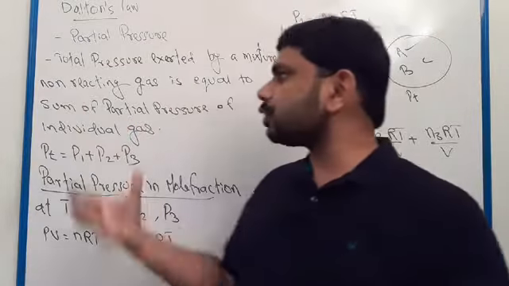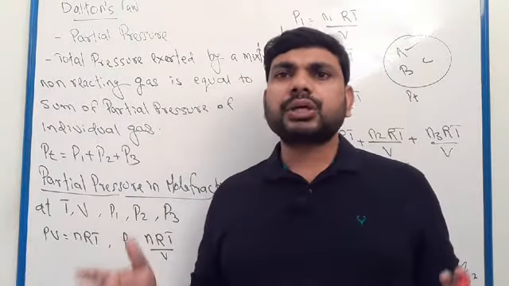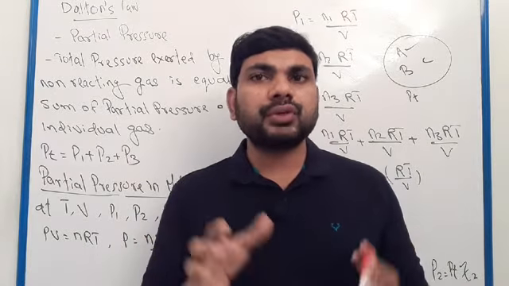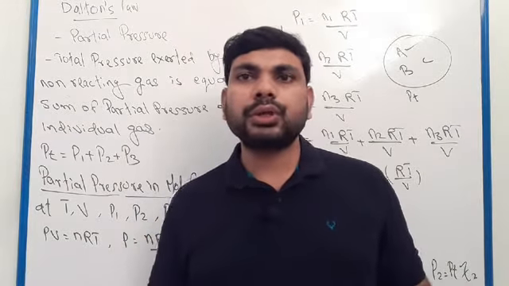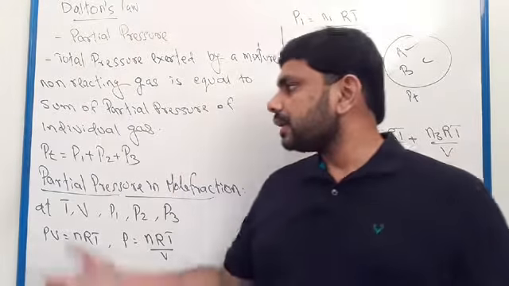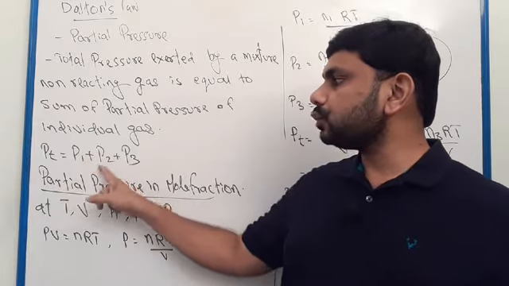So here Dalton's law is saying the total pressure of a mixture of non-reacting gases will be equal to the sum of the partial pressures of the individual gases. That is this equation: total pressure will be equal to P1 plus P2 plus P3.